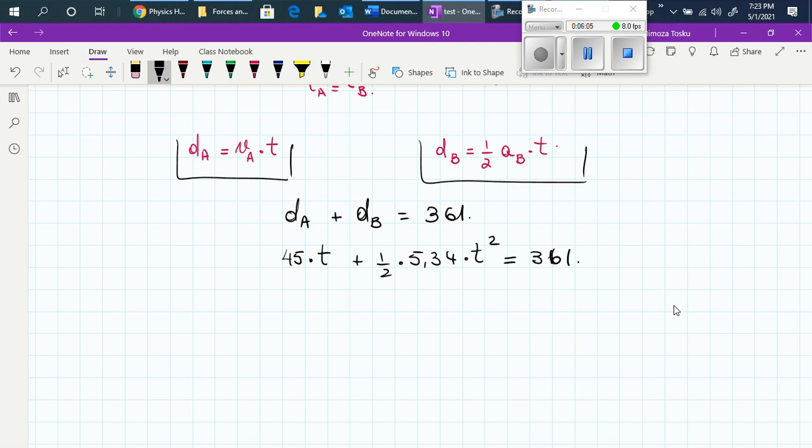If we divide 5.34 by 2, we have 2.67 t squared plus 45t equal to 361.